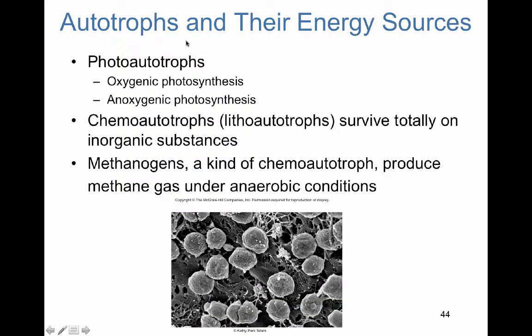Now, for the autotrophs using light, there are some that require oxygen or live without oxygen. There are actually some that live in rock that survive totally on inorganic substances. Methanogens can even produce methane gas. If you look at the spectrum of diversity, it really is fascinating.